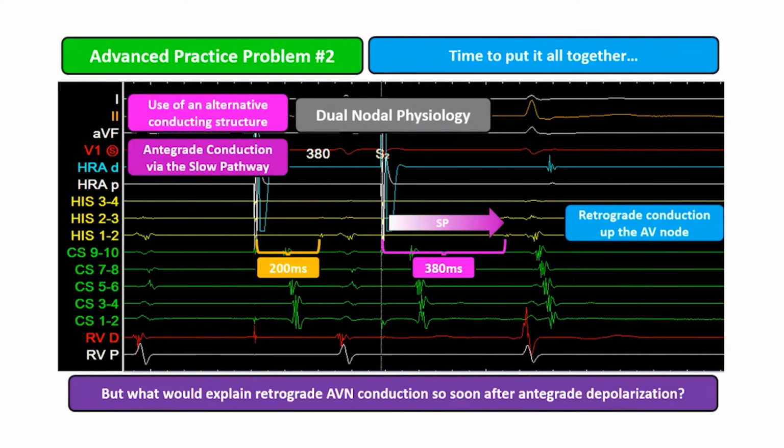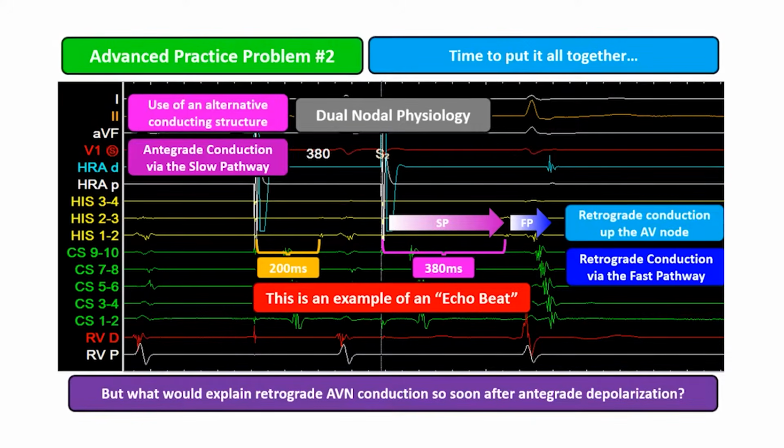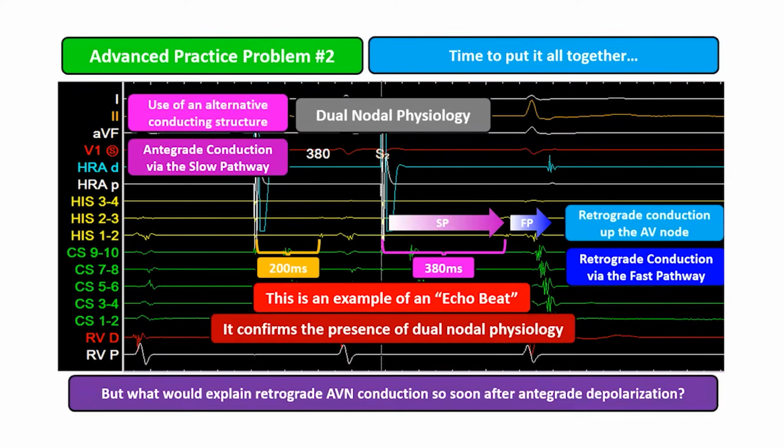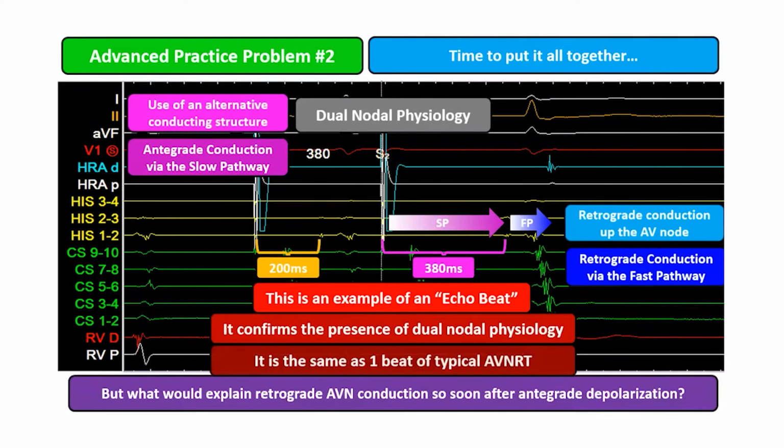Antegrade conduction occurring down the slow pathway, which we can actually visualize by a prolonged AH interval, and rapid conduction retrograde up the fast pathway. This is an example of what we call an echo beat. A beat traveling down the slow pathway of the AV node and then back up retrograde up the fast pathway. It confirms the presence of dual nodal physiology and is the same as one beat of typical AV nodal reentrant tachycardia.